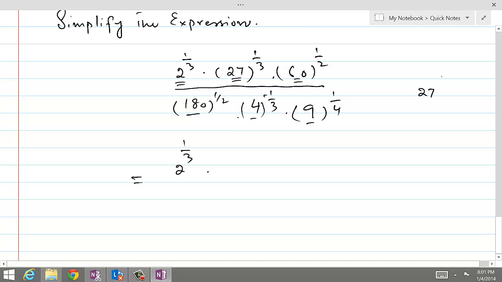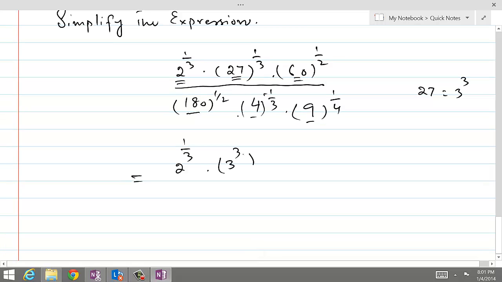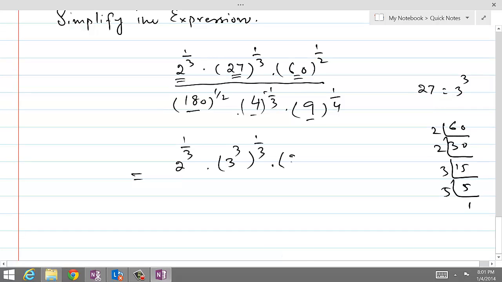If we convert 27, that is equal to 3 power 3, so we can write 3 power 3 here, and 60 can be written as 2 power 2 times 3 times 5, power 1 by 2.